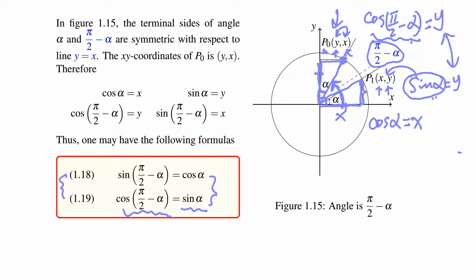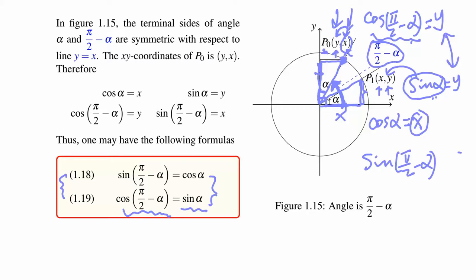Similarly, we have sine pi over 2 minus alpha. This angle to sine, that will be the vertical coordinate, will be this one. And this one is x.